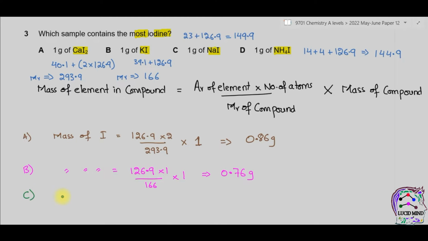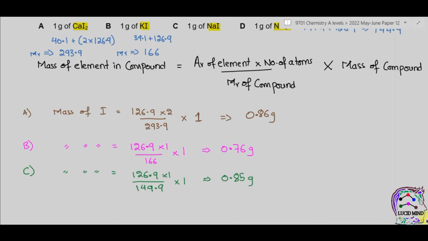Similarly part C, mass of iodine: we have sodium iodide, so 1 iodine, 126.9 into 1, divided by 149.9 for NaI, into 1 gram. So it is equal to 0.85 grams.